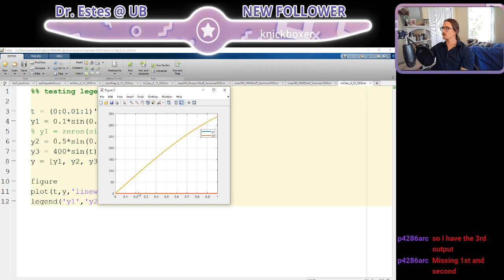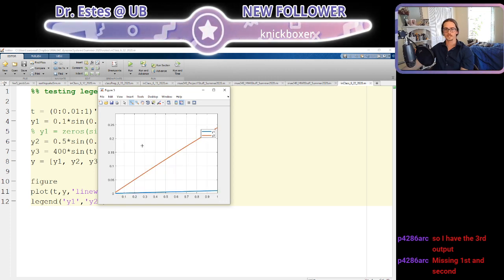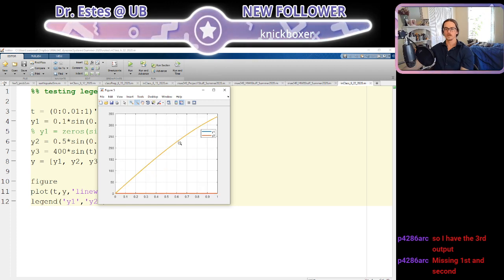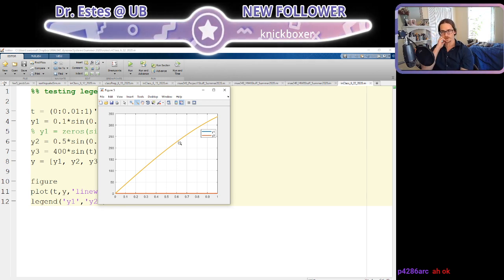You see the yellow and you see the orange. But if I take that zoom in thing and I zoom in on these bottom guys, oh, there is the blue. It's both here. You're going to see the same thing on yours. It's just when it's all zoomed out, the orange is on top. It's because the third output is so large in comparison to the other two.